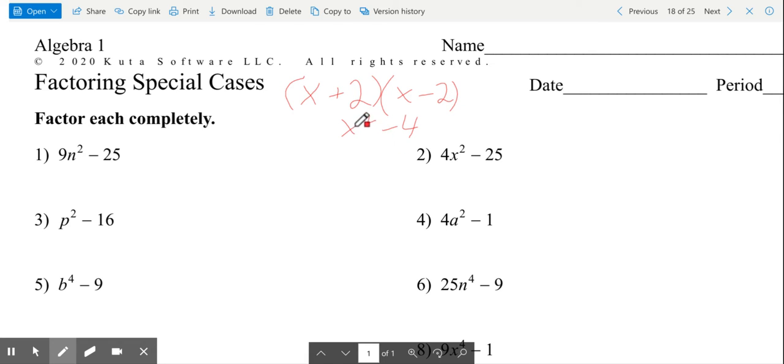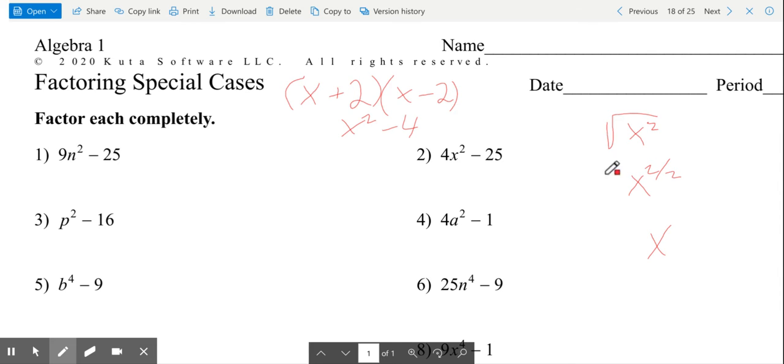Okay, so remember the square root of x squared is the same thing as x to the one half power times 2, because the square root becomes the denominator of my exponent, so that's just x.